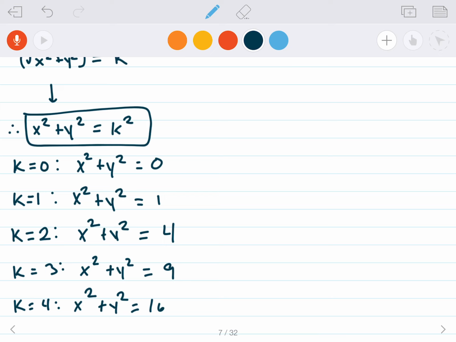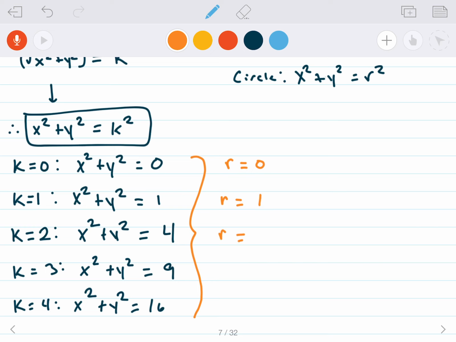Okay, so what do we notice here about the radius of the circles as we're moving along our contour diagram? Well, here the radius is going to be 0, because this is a circle, x squared plus y squared equals r squared. So this is a circle with radius 0. This is a circle with radius 1.